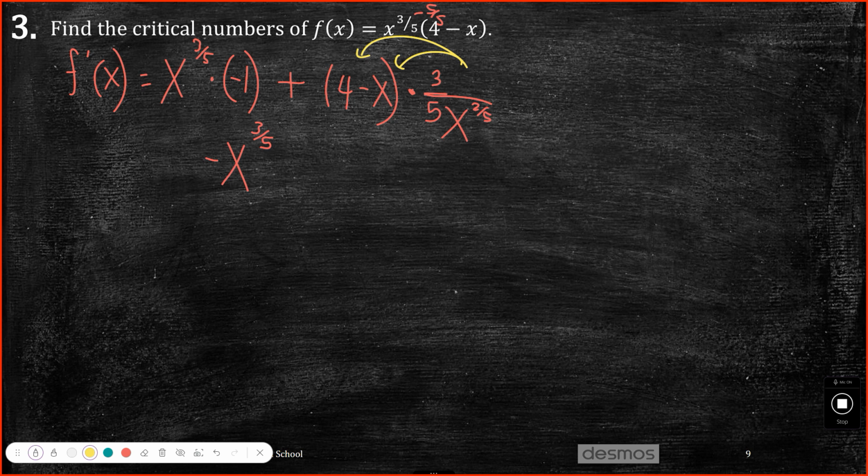So if I do distribute that, that's going to give me 12 plus 12 over 5x to the 2/5. And then this is going to be minus 3/5, and you got x, and then x to the 2/5, equal to 0.